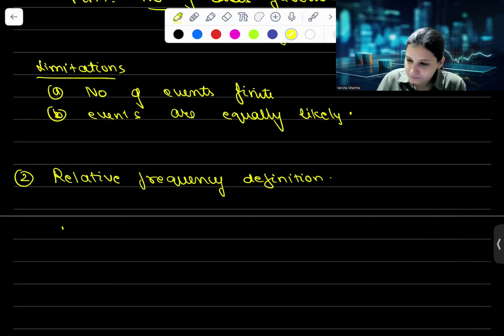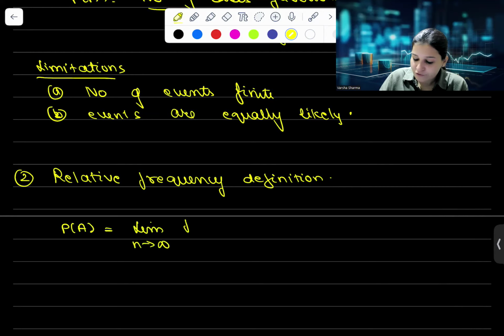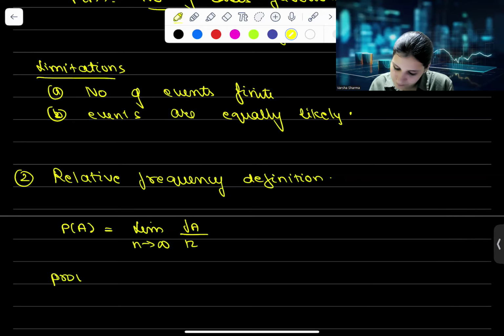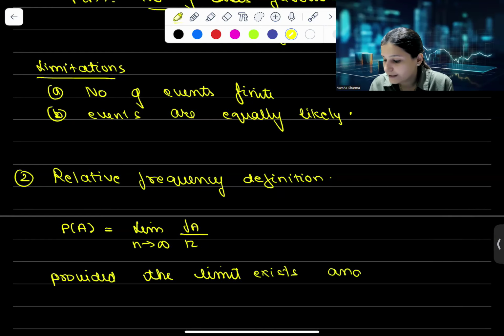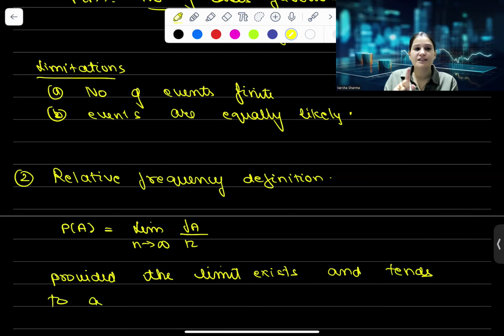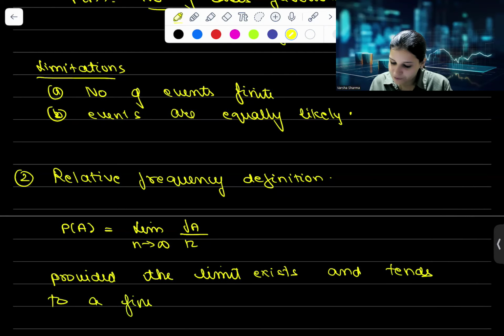This says probability of A is the limit as n tends to infinity of favorable events by total events, provided the limit exists and tends to a finite value. Just remember the limit definition is the relative frequency. That's it.